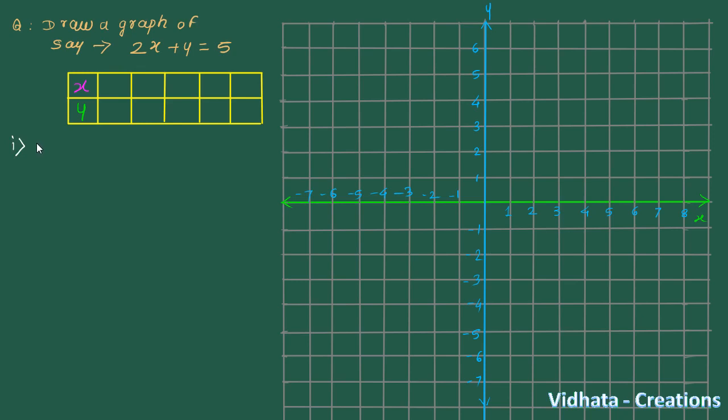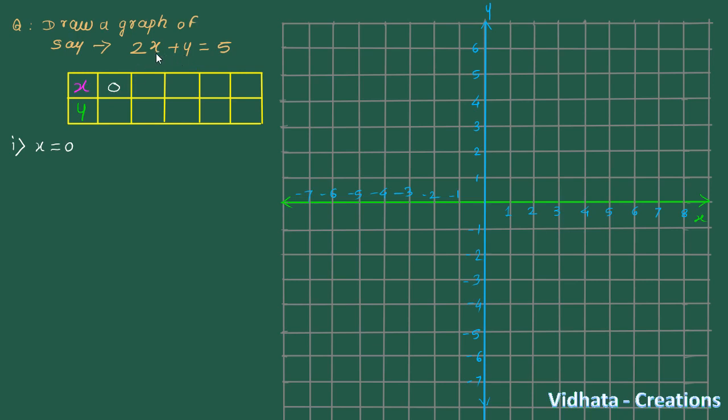First of all, I will take x is equal to 0. Then we want to find the corresponding value of y.